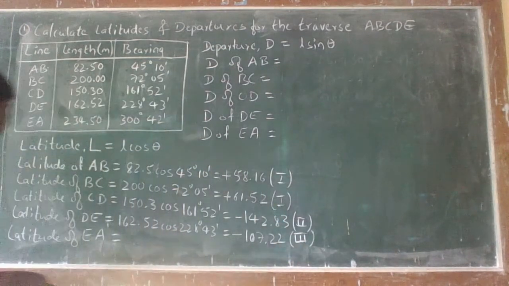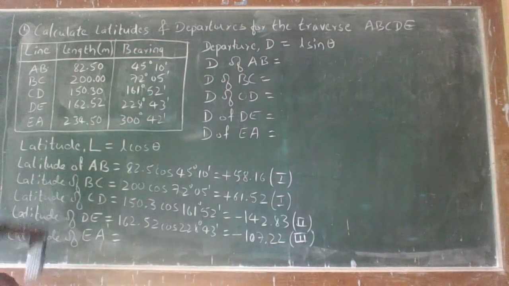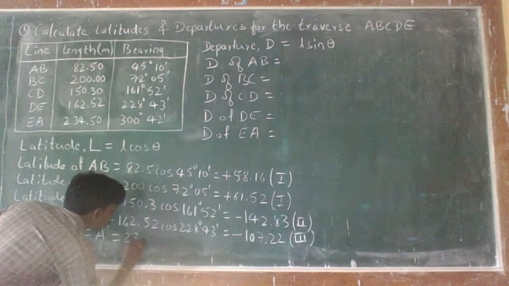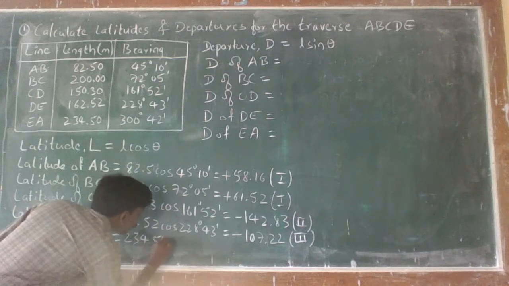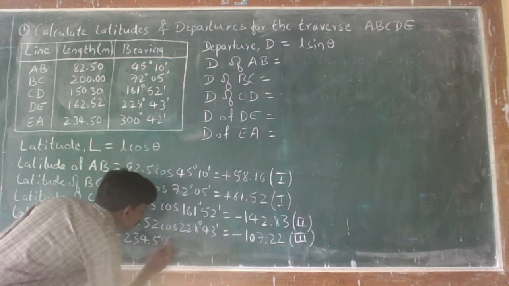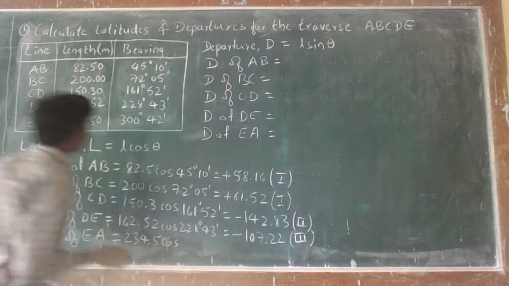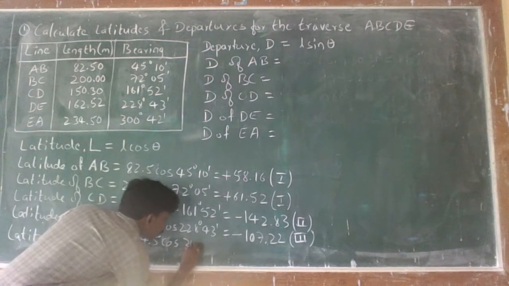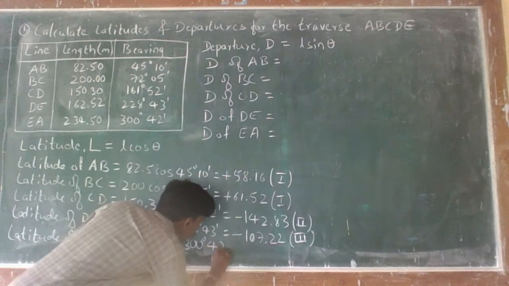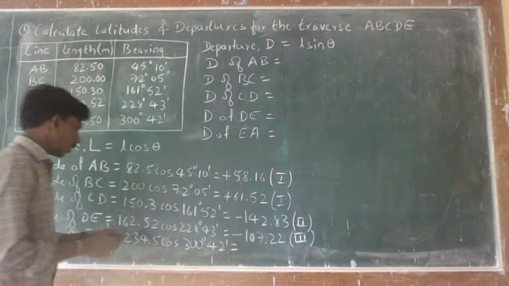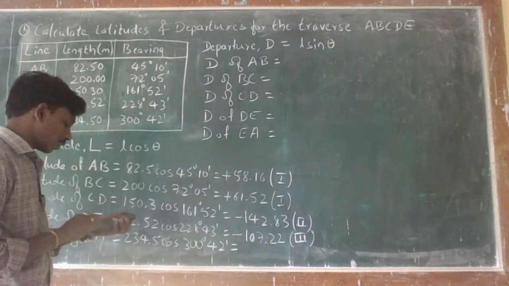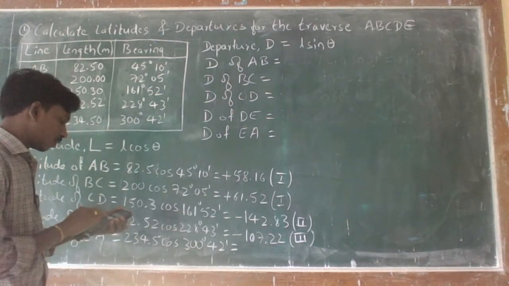Now the last latitude of EA. The length of EA is 234.50 cos. Bearing is 300 degrees 42 minutes. Now calculate 234.5 cos 300 degrees 42 minutes.